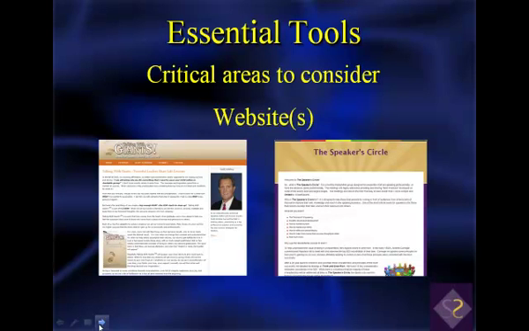On the right, you see another one of those templated landing pages, and this is for speakercircle.com. The Speaker Circle is a mastermind group that I've put together to take speakers who want to become better at either actual platform speaking or learning how to monetize the speaking industry, whatever.